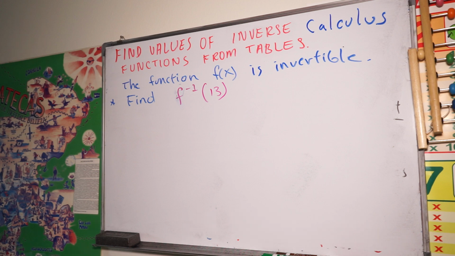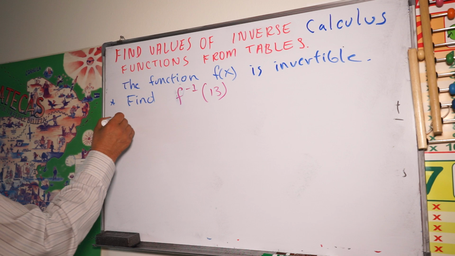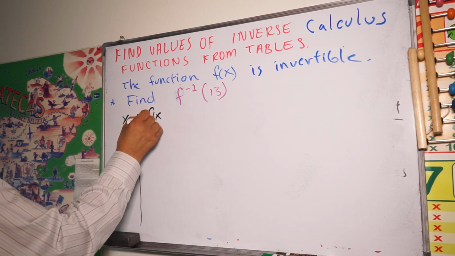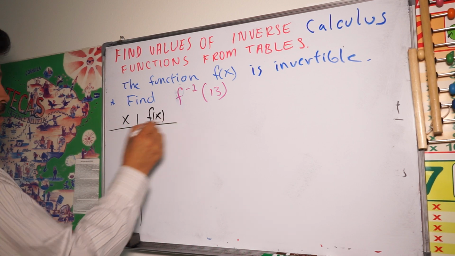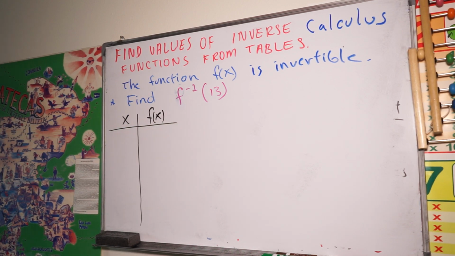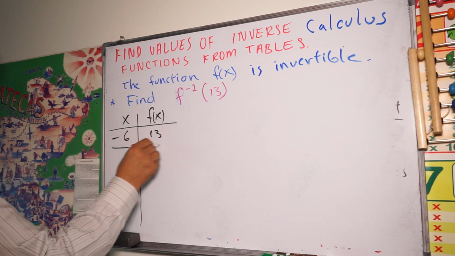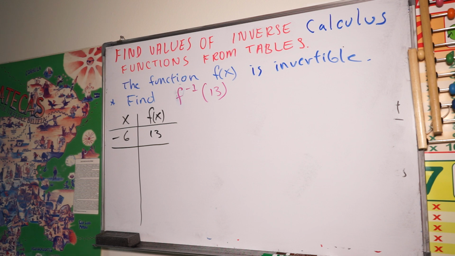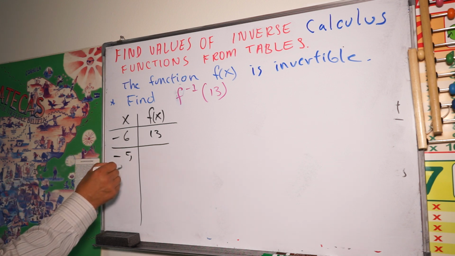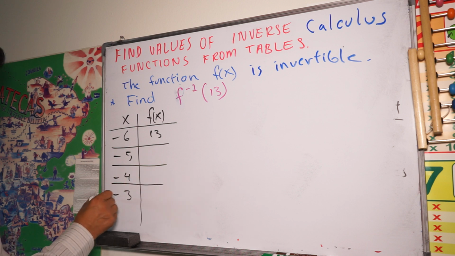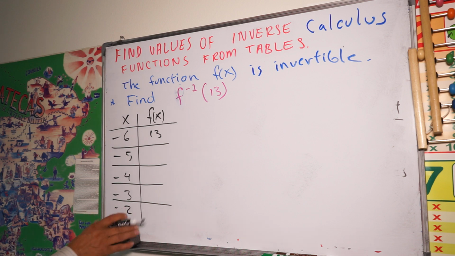Let's make the table. We have the table here, x, and then f(x), or the values for y. Let's do minus 6, and 13. The next values are negative 5, negative 4, negative 3, negative 2.